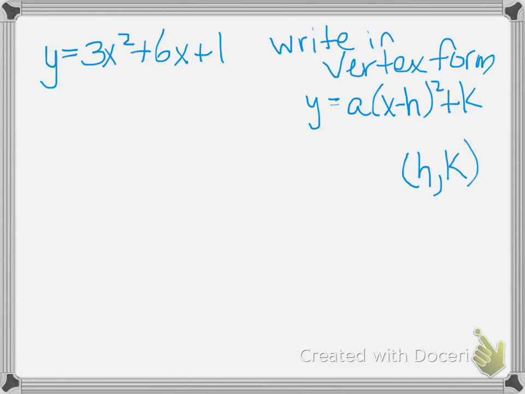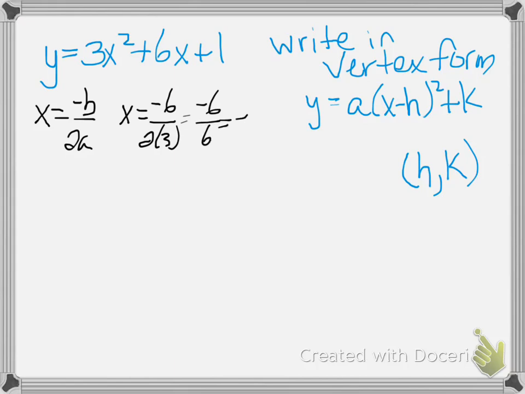So you learned previously that you could find the vertex by using -b/2a. So I can go x equals -6/(2 times 3). So that's -6/6, which is -1. So I know x equals -1. So I know this one is -1.